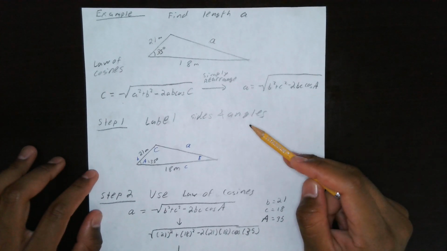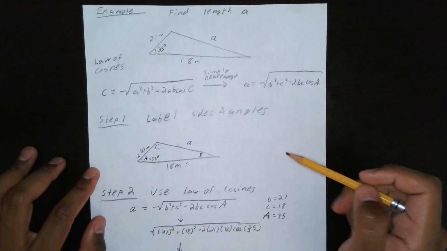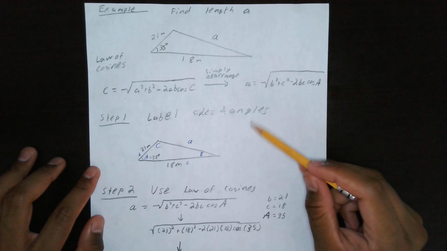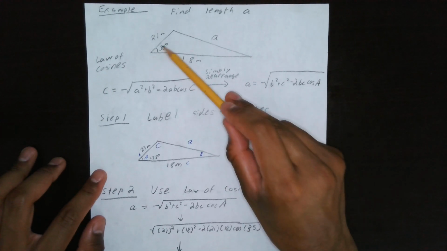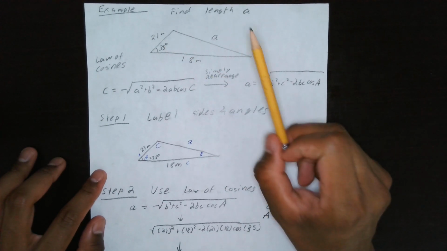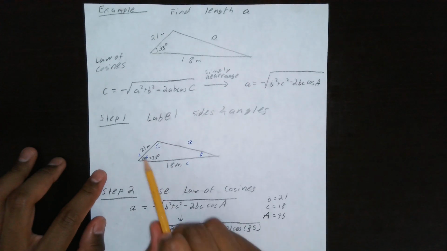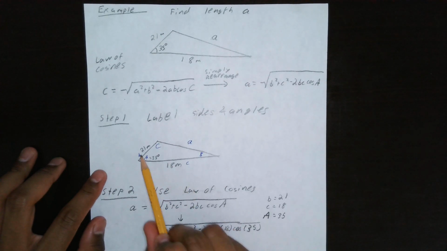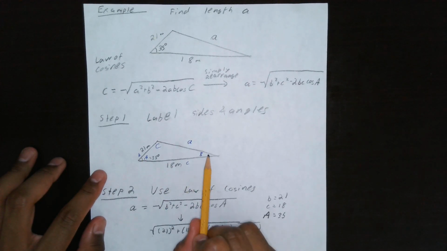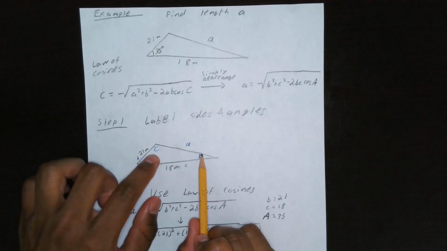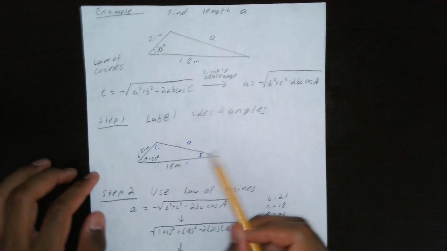Alright, so we're going to label our sides and our angles. This must be angle A over here, and in this case it doesn't really matter which one we choose to label angle B and angle C. We could have just as well switched them, it wouldn't matter for this one.